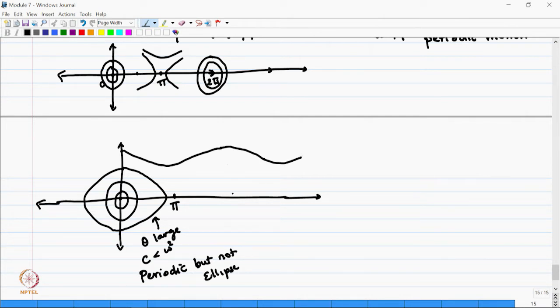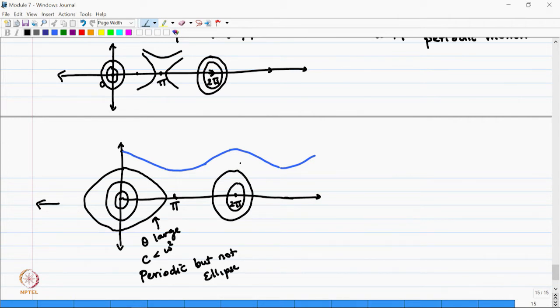So this is the next. Let me show this in a different color. So this is the unstable paths. This is the next critical point, that is the next stable critical point, where you will have again the same kind of solutions. You will have periodic, then you have things like this.